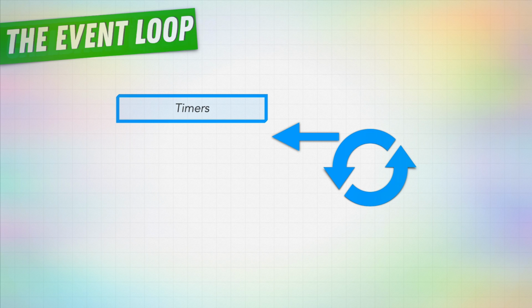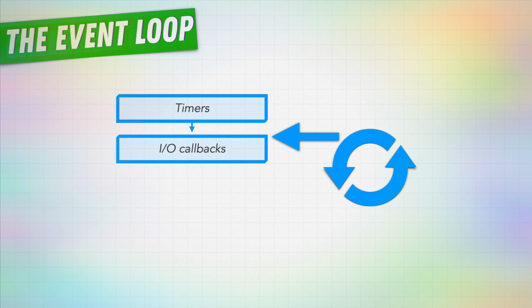The event loop goes through the timer's callback queue and checks if there's any functions for it to execute, functions for timers that have completed. Once it's processed all of the functions in the timers phase, it moves on to the next phase.